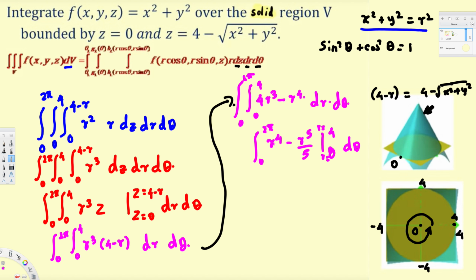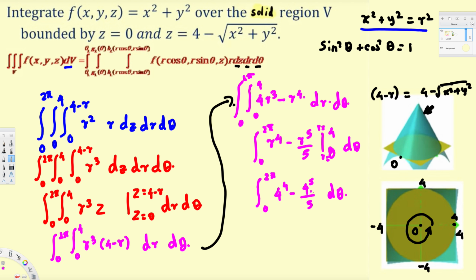Now if we plug in 4, this is going to become 4 to the power 4 minus 4 to the power 5 divided by 5, and if we plug in 0, both of them are going to be 0, because 0 to the power 4 is 0 and minus 0 divided by 5 is 0, so we don't have to write that part. Let's leave it like this, 0 to 2 pi d theta.